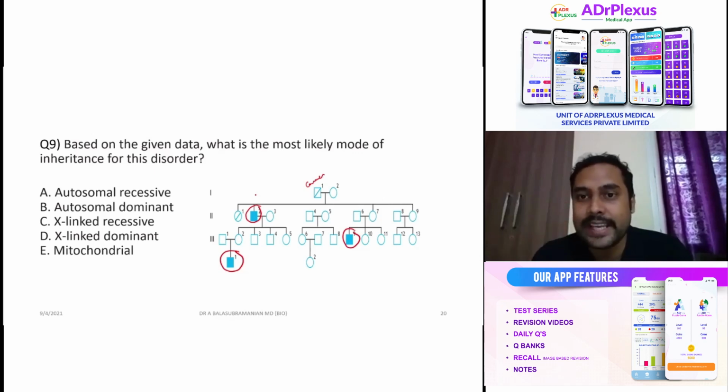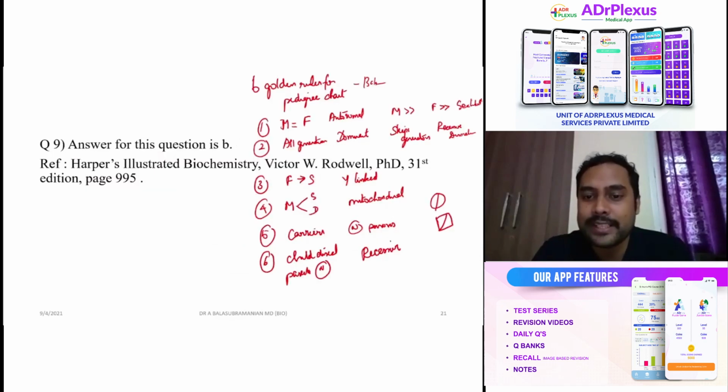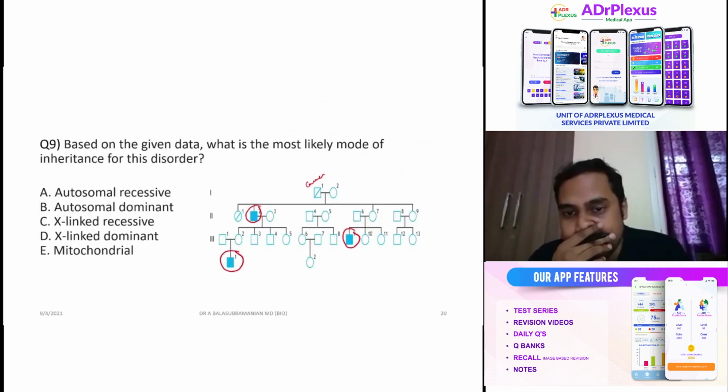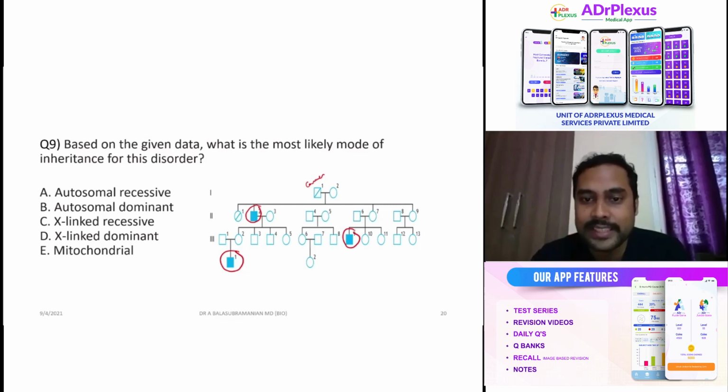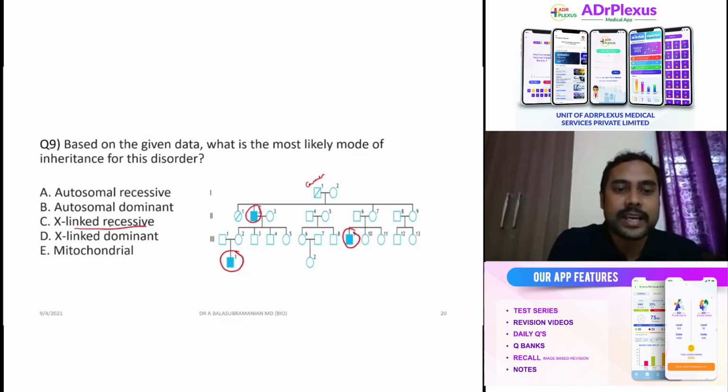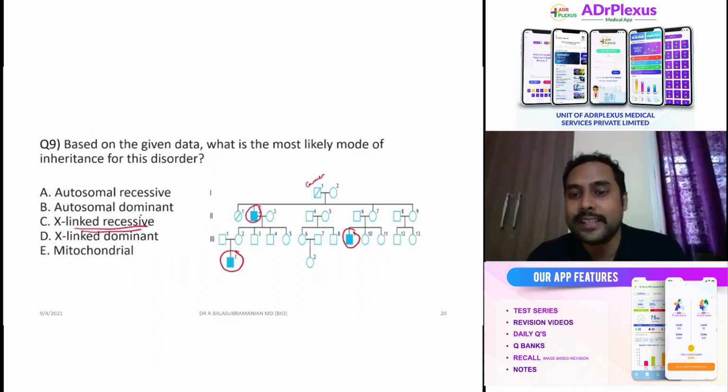Rule number 6 says when both the parents are normal and the child is diseased, it is a recessive disease. But then look at the chart. Only males are affected. Okay, so which means it is a sex-linked disorder. It is not an autosomal disorder. It is a sex-linked disorder. So the answer is X-linked recessive.